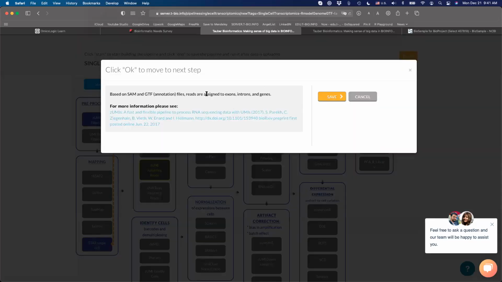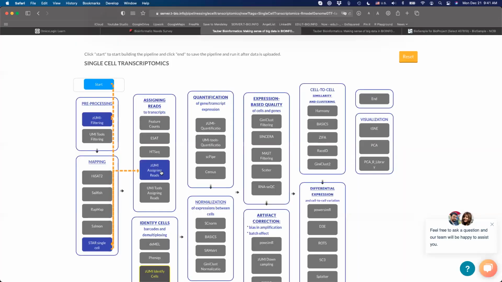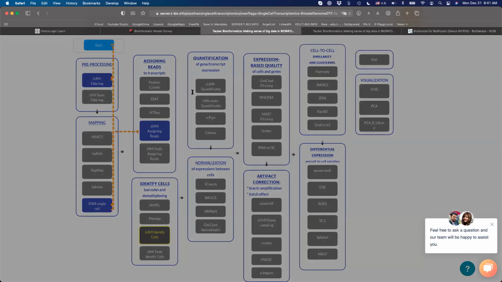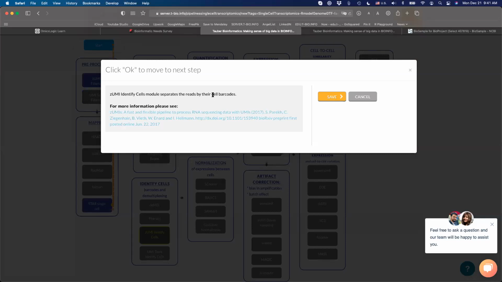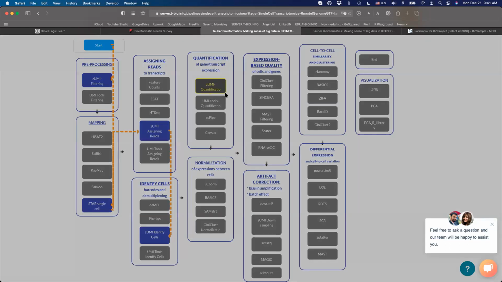Then, using our UMIs, we need to assign which reads came from which gene, essentially. And then I need to identify cells by their cell barcodes. The barcodes, remember, were attached in the beginning. They're in the form of these beads. And then we quantify UMIs.